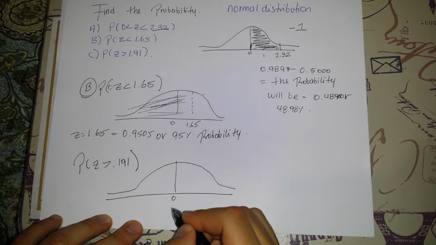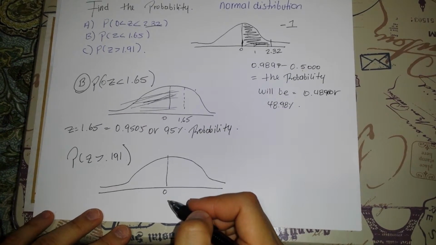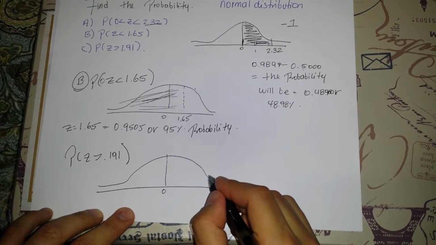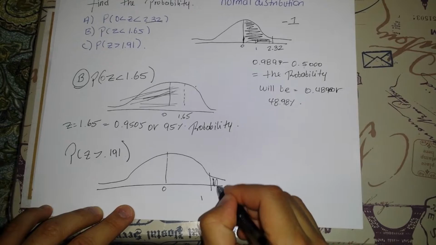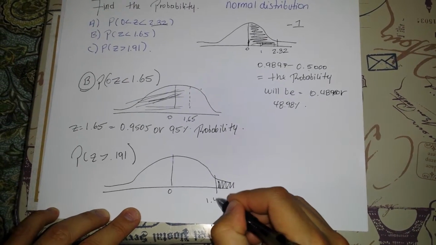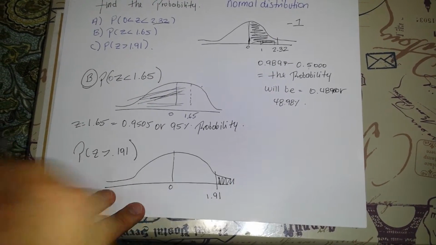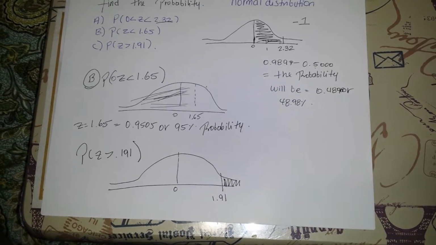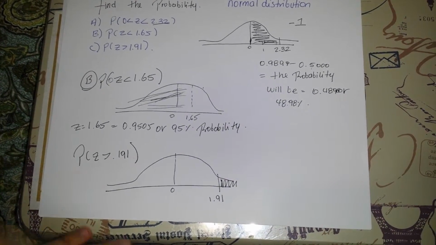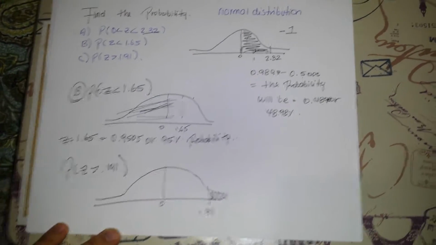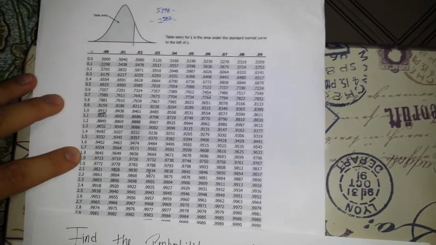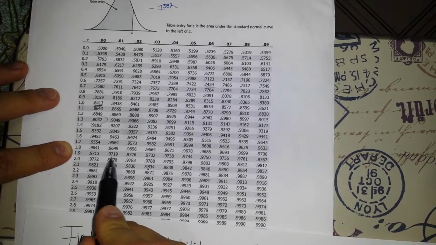This is our mean, and we want to do 1.91 greater than the z value. So they want to know this part right here. And so we go to the table 1.9, 1, 0, it will be this one.